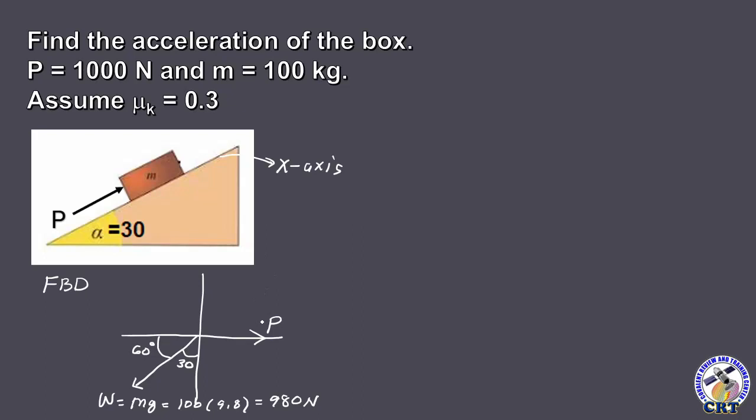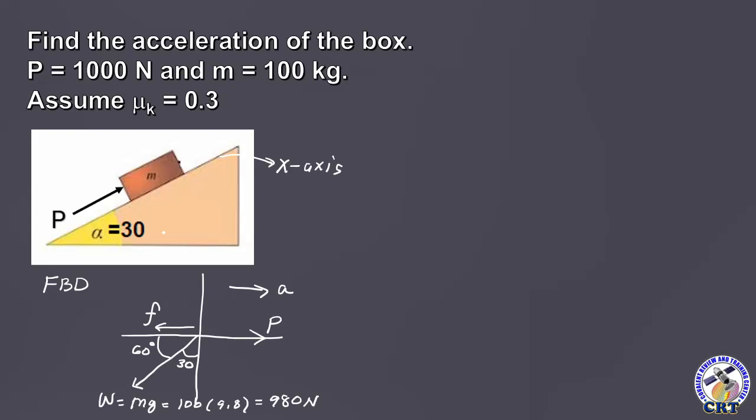The direction of motion is to the right. Therefore, the direction of acceleration is also to the right. And because of the friction, there is a frictional force opposite in direction with respect to the motion. So this is the direction of the frictional force. So we have an additional parameter here compared to our previous example.